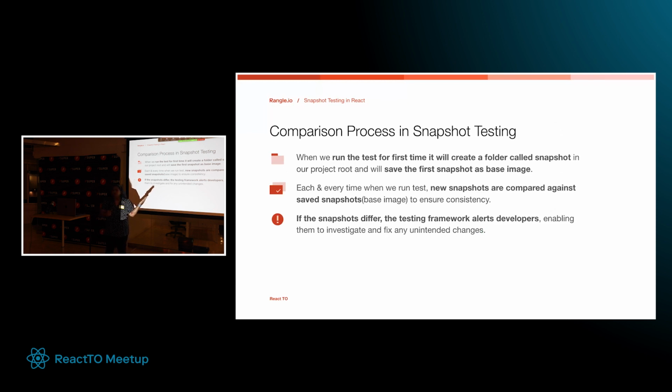Whenever we run the tests, the current image will be compared with the base image, and if there is any minute difference, it will alert the developer that there is a change in the UI, and it will fail the test. The developer can easily go and check where the change has happened. If it is an intended change, they can update the snapshot to use for the future. So like this, the comparison will be happening.